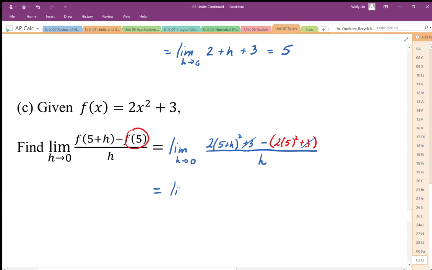Then I end up with the limit as h approaches 0 of 2 times 25 plus 10h plus h squared, minus 2 times 25, which is 50, and then all divided by h.